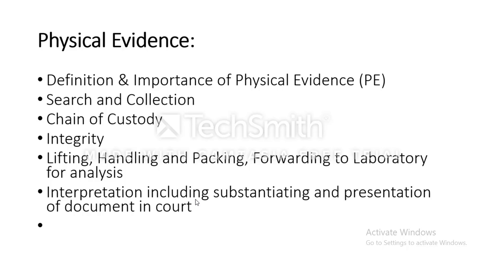So there are different schools of thought regarding the classification of physical evidence. Chain of custody and integrity are two very important factors that need to be borne in mind by the investigating officer whenever they handle physical evidence.